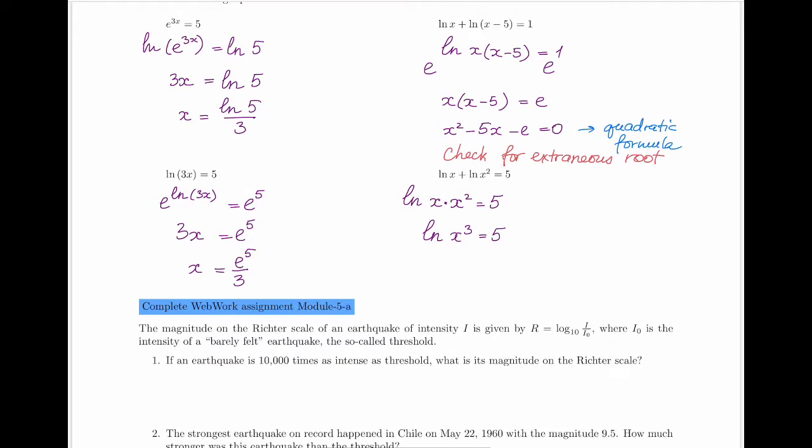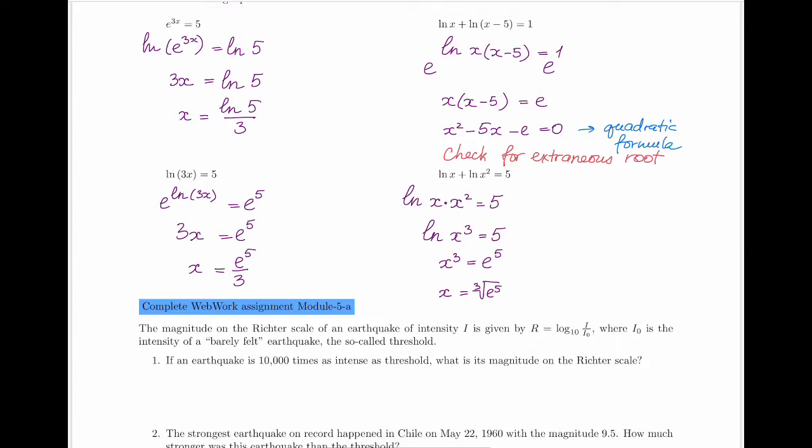And then I can again raise everything to power e, which will then give me x cubed on the left, because the exponential and logarithmic functions will cancel each other's actions. And on the right, I'm going to have e to power 5, which will then give me that x is a cube root of e to the 5th. Okay, and again, I can compute that as a number, but I'm just going to leave it here as is.